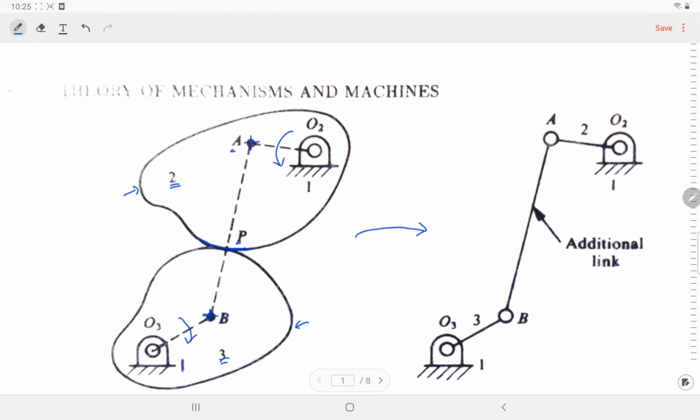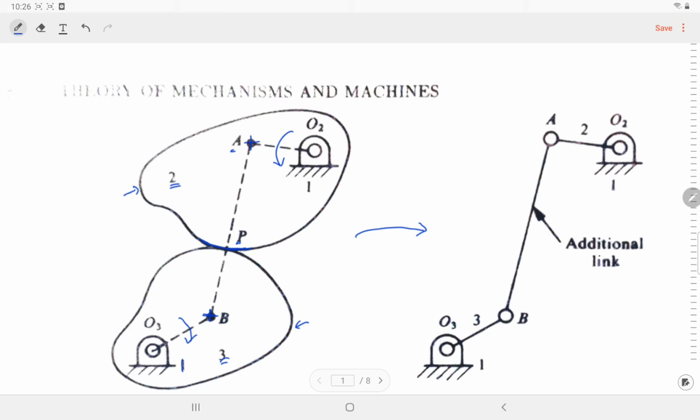Now if I join this point A and point B, what I will do is I will put a line to represent link 3, and this line to represent link 2.